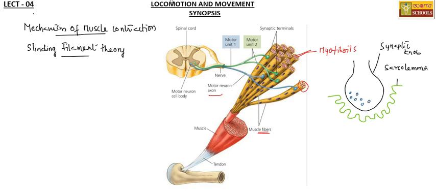These are the vesicles that consist of neurotransmitters, and along with that you may find a lot of mitochondria. In the muscle fiber also you will find so many mitochondria.